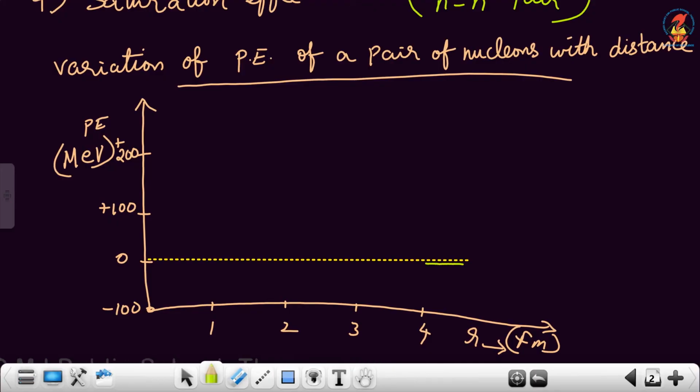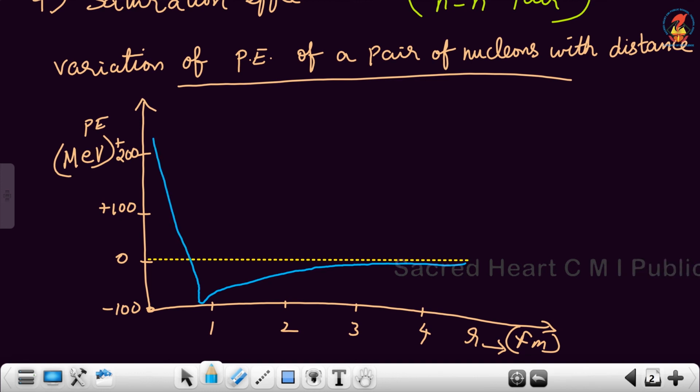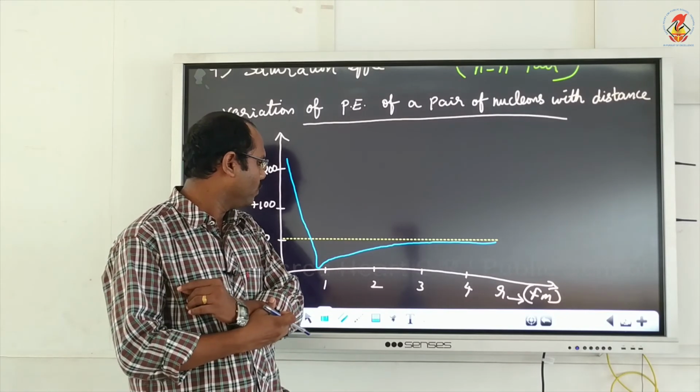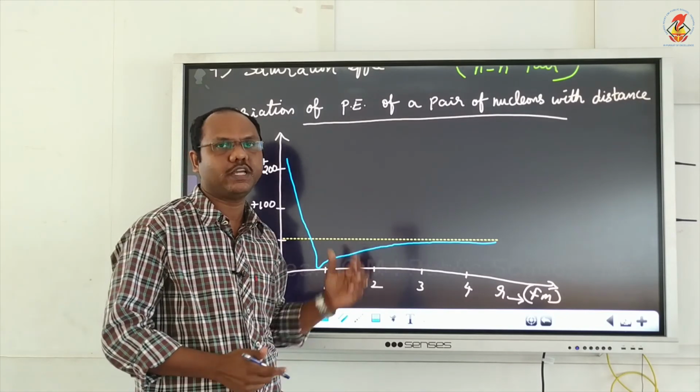So, when I draw the graph it will be like this. There is no force of attraction at this point, and then the force of attraction will increase after this, and when it reaches here, the force of attraction becomes maximum, and soon after that it will become like this. So, when you draw the graph, you will get a graph of this shape.